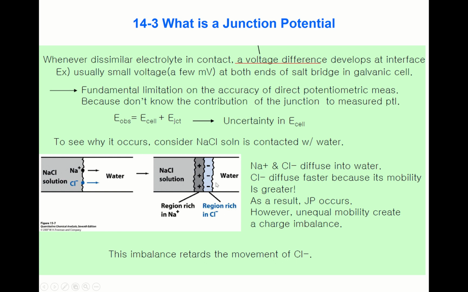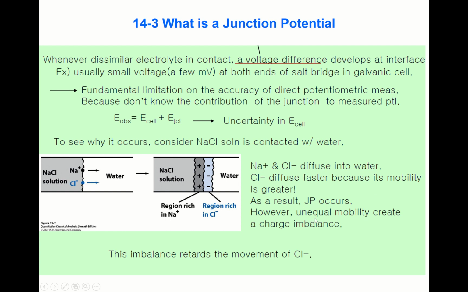So after that, here is the chloride ion rich region, and on the left side, the sodium ion rich region, right? So there is an ion separation. Whenever ion separation occurs, there is a potential difference. This is called junction potential.